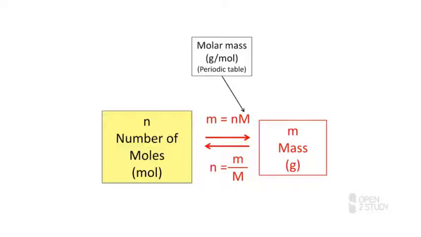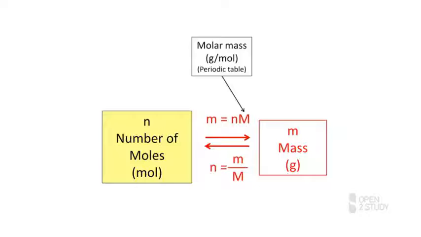If I want to find the everyday mass given the number of moles, I can use this top equation here. The little m stands for my mass in grams, and that will be equal to the number of moles, in moles, multiplied by this capital M, my molar mass, my atomic mass. That comes from the periodic table, and it's measured in grams per mole. So just mass equals number of moles times your molar mass. Hopefully a nice simple calculation.